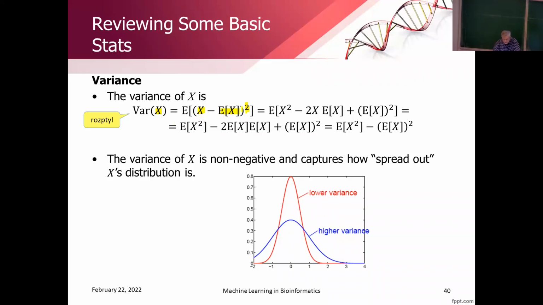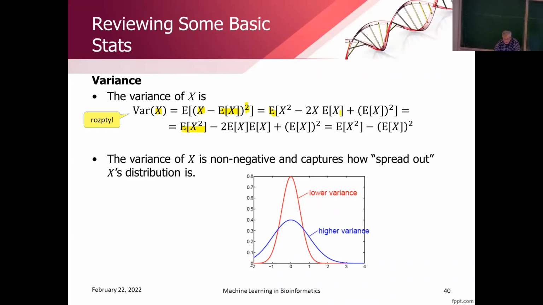And of course, we can compute with expected values, and here we have the expected value of an expression which is the square of some smaller expression. So if we rewrite the expression, this will be x squared minus 2x times the expected value of x plus the expected value of x, squared. But now we will compute the expected value. So the expected value of x squared is still the expected value of x squared. We can split it linearly.